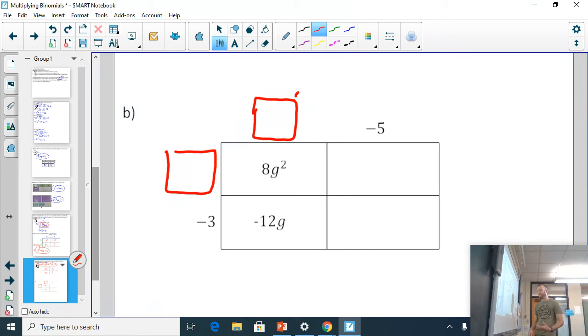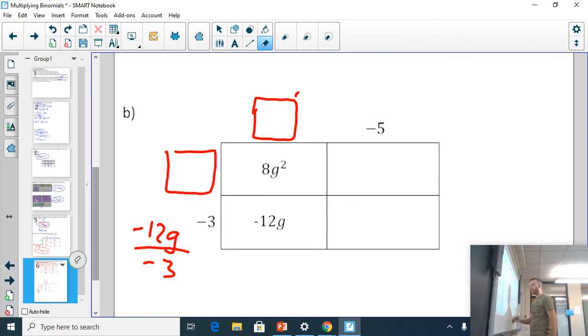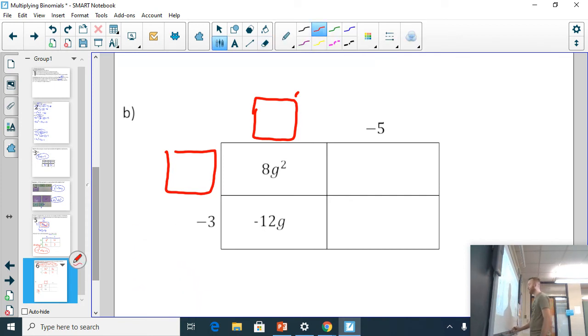So if you really wanted to figure it out, you could do negative 12g divided by negative 3. But I think that it would just be better for us to just think about it, right? What times negative 3 is going to get us negative 12g? Well, it should be positive, right, in order to get a negative. So whatever it is, it's positive. And then what times 3 is 12? That's going to be 4.